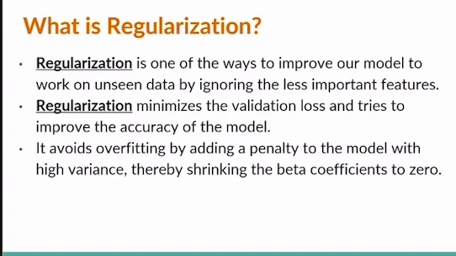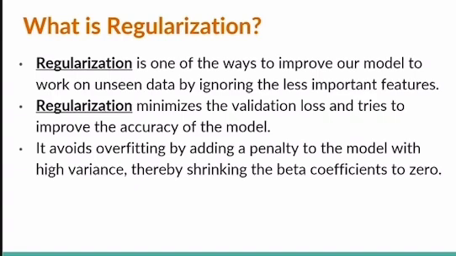What we want to do by regularization is to include a restriction on the model, what I'm going to call a regularization parameter, so that we strike a balance between the bias and the variance. That's why here I said regularization is one of the ways to improve our model.